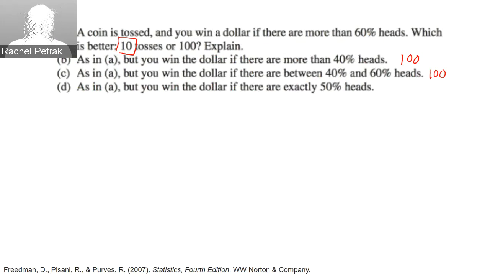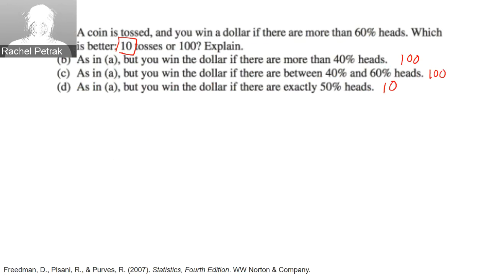And if we look at our final example, you win the $1 if there are exactly 50% heads. We're going to want to go with 10 because we're going to be more likely to get exactly 50% when we have a smaller number of tosses.